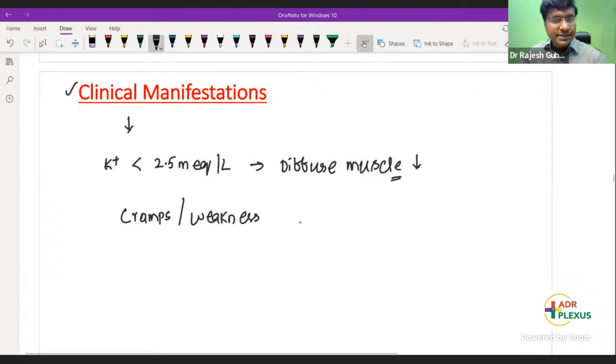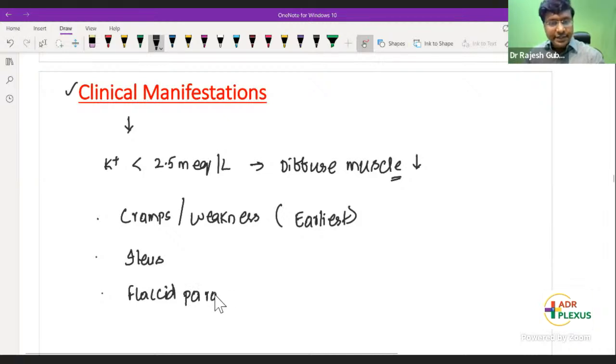This will be the earliest manifestation. And because of your hypokalemia, gastrointestinal motility is also reduced. There will be ileus, and there will be flaccid paralysis of all muscles.